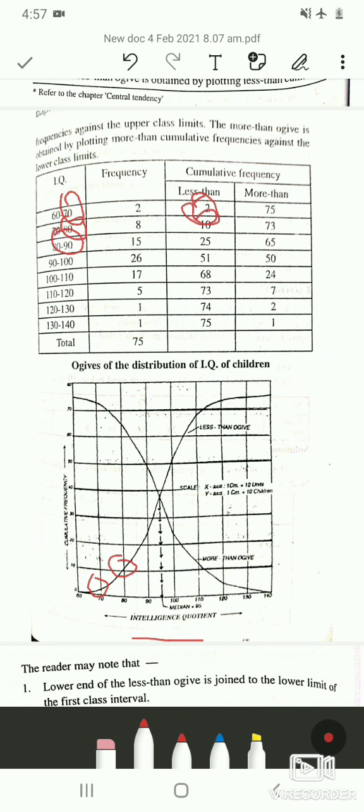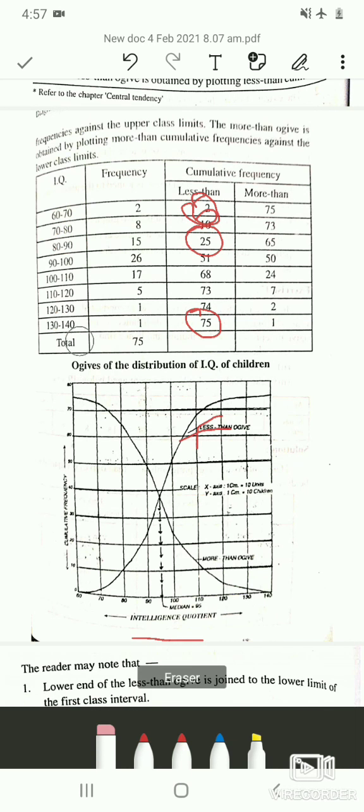Then for 90 it is 25, which will be over here. Similarly keep a dot till 140, where the value is 75, which will be over here. Once you plot, join these dots with a smooth curve which looks like this. So this is a less than ogive.